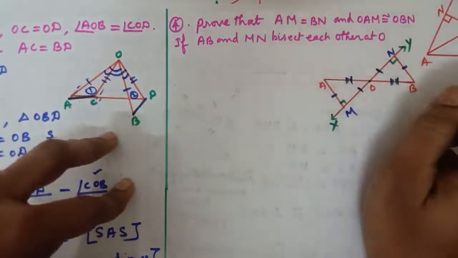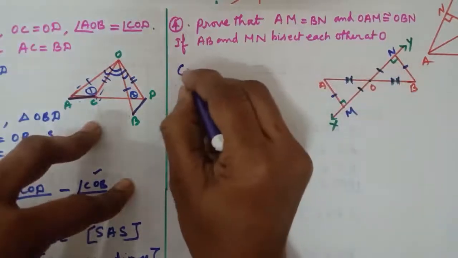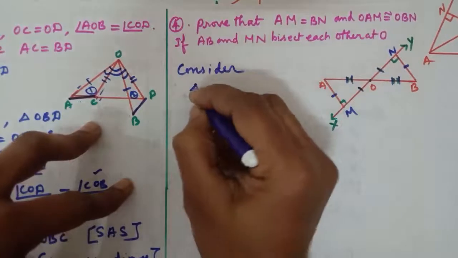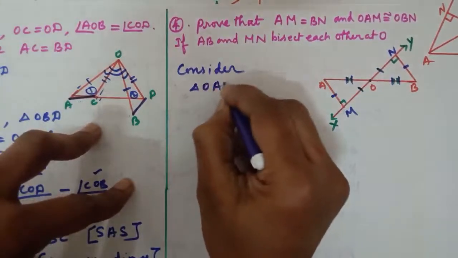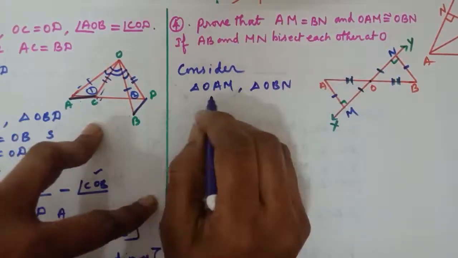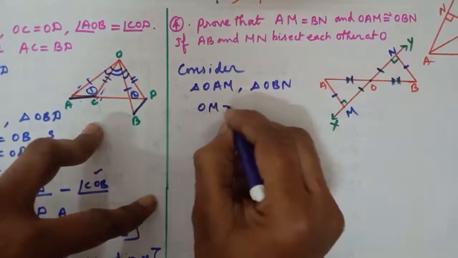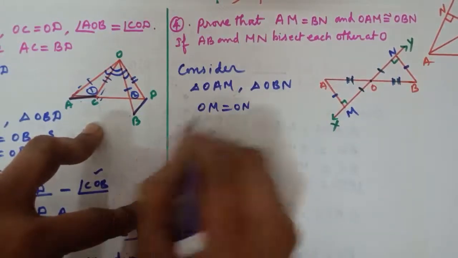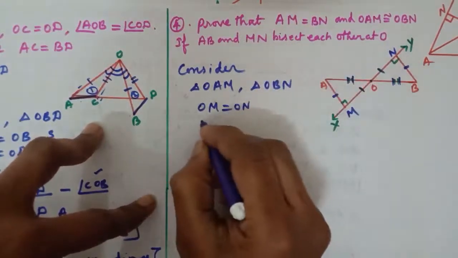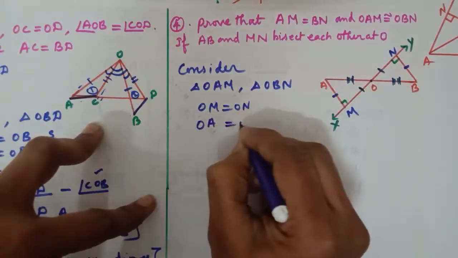Now consider these two triangles. What are they? Triangle OAM, triangle OBN. So from these two triangles we can write OM is equal to ON, because AB and MN bisect each other at O. Then OA equal to OB.